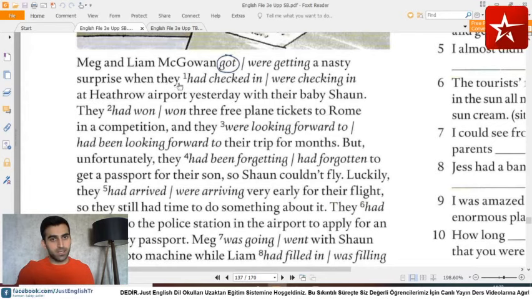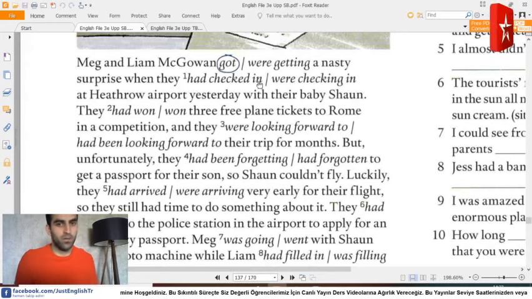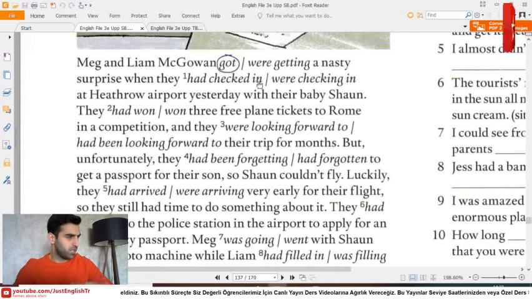So look at this sentence. We have two actions and we have to choose the correct one. Which one is correct? Can you tell me which one?